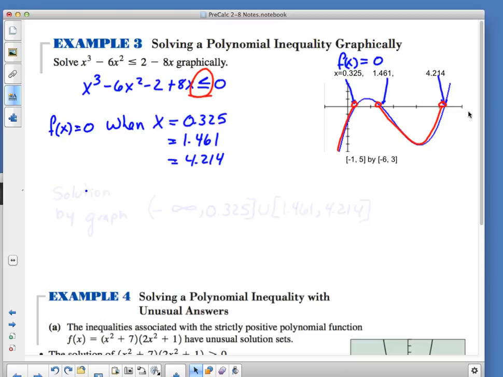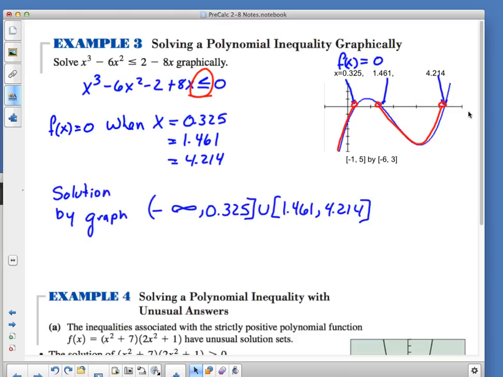So when I'm doing this, my answer is going to have brackets at 0.325, 1.461, and 4.214. Because it's 0, those should be closed in. I just tried to show that I'm including that value, and it's got to be closed in there when we're taking care of that. Okay, so that's my solution of this.